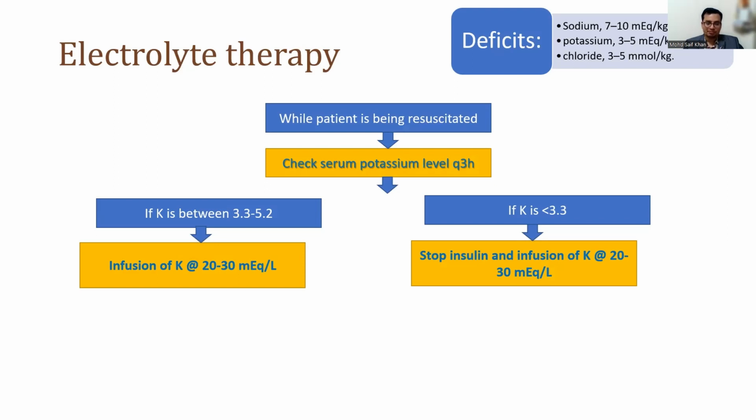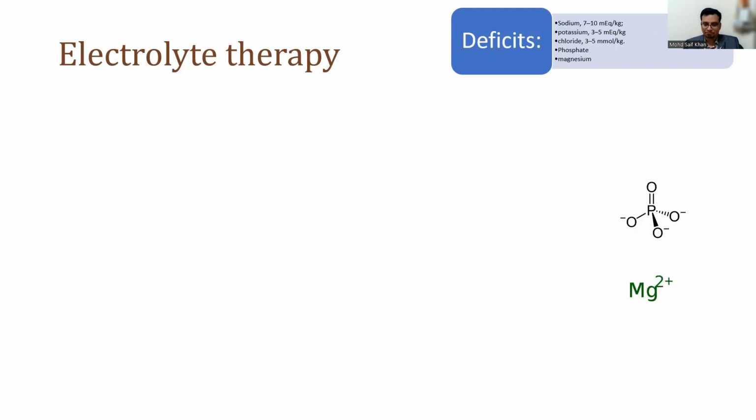If your potassium is between 3.3 and 5.2, then you should start infusion of potassium at a rate of 20 to 30 milliequivalents per liter. And if your potassium is less than 3.3, then you stop insulin and continue the potassium infusion. That's very important. Before giving insulin, you should correct your potassium if it is less than 3.3.